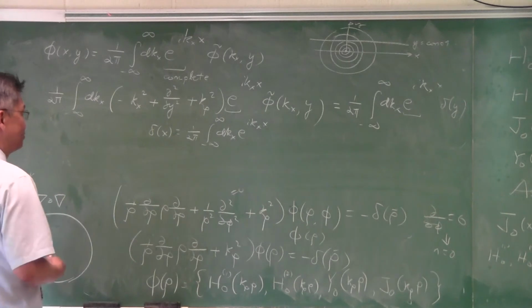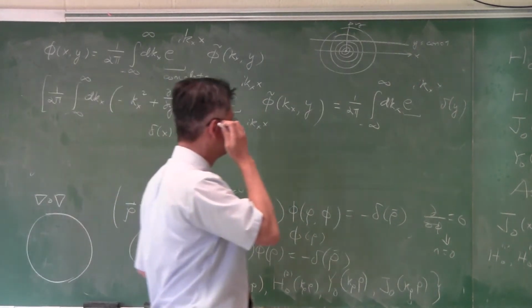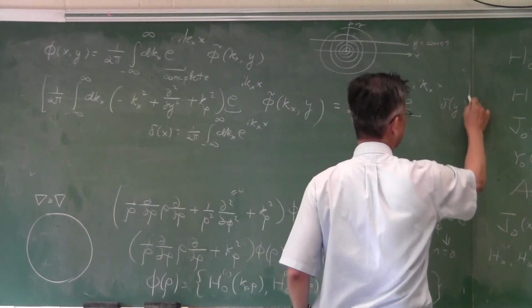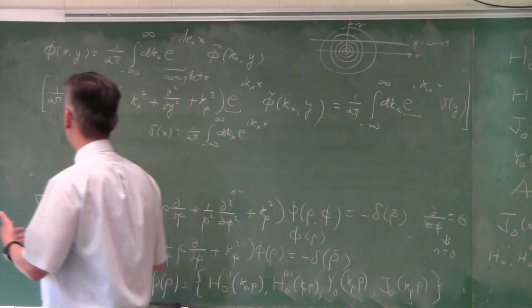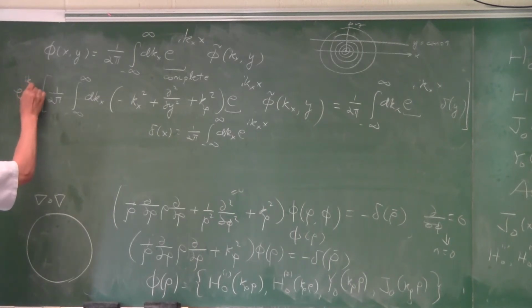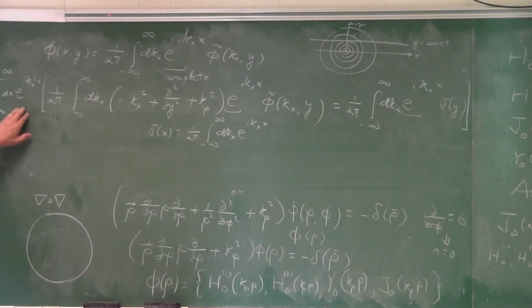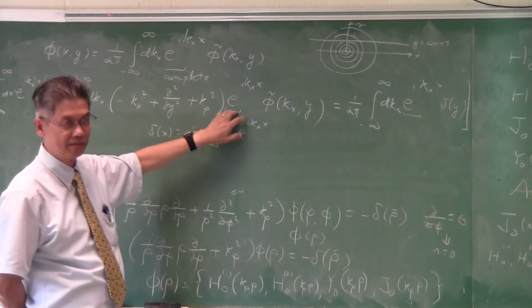And to do it more thoroughly, if you want to do it mathematically, you can multiply this equation by e to the i kx prime x and integrate over all x. When you multiply and integrate over all of x, then you will pick up a delta function with this term.